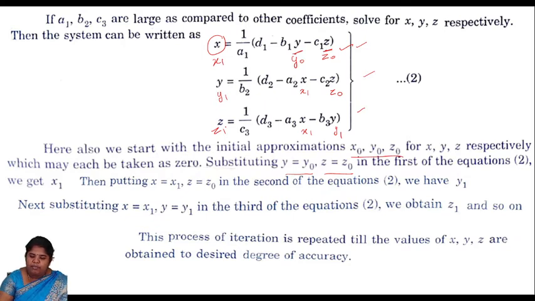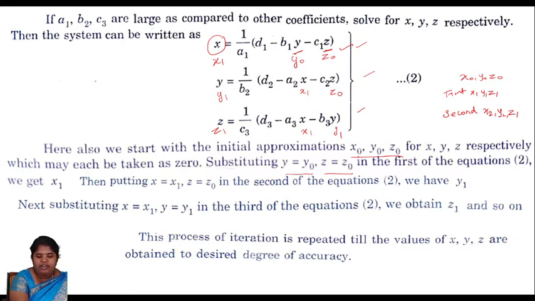In the Gauss-Jacobi method, we substituted x0, y0, z0 to obtain the first approximation x1, y1, z1, and substituting x1, y1, z1 we obtain the second approximation x2, y2, z2. But in the Gauss-Seidel method, we substitute y0 and z0 to obtain x1. To obtain y1, we substitute the newly found value x1 and z0. Similarly, to obtain z1, we substitute x1 and y1. So this is our first approximation.